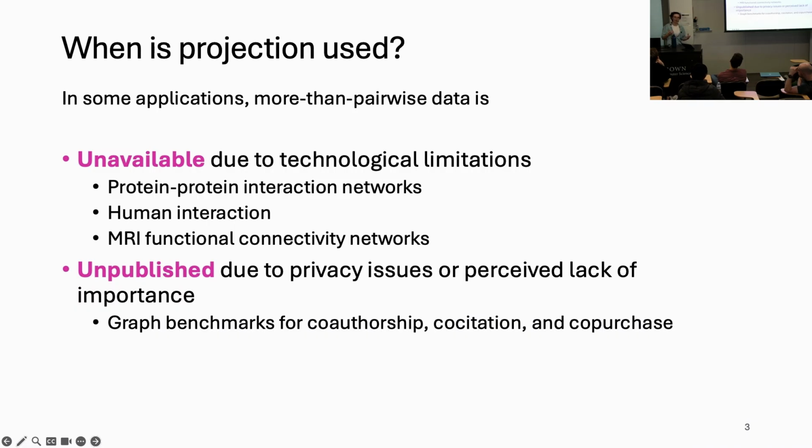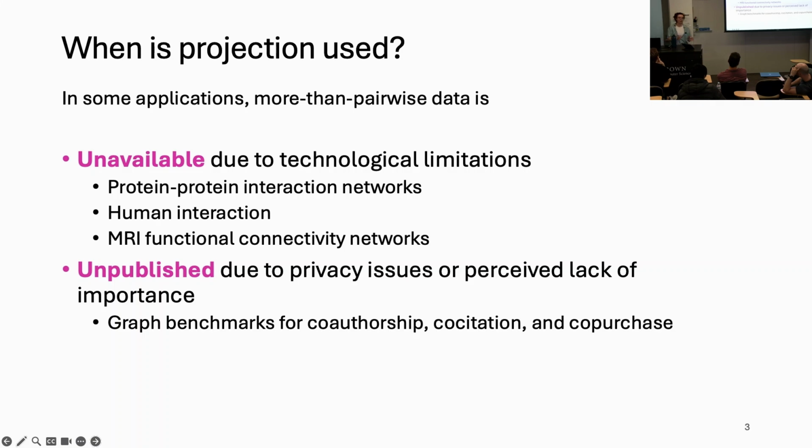Or human interaction, where it's sensor-based and the sensors have a proximity measure, so you can measure when 2 people are within some distance, but it's hard to say exactly what sets of people are interacting at a given time. And also MRI functional connectivity networks, where people tend to use correlation between brain regions, but it's hard to say about more than pairwise interactions.